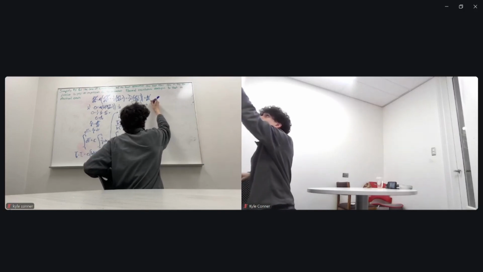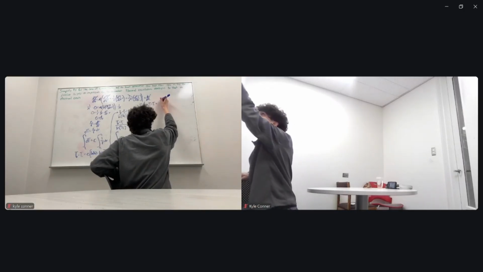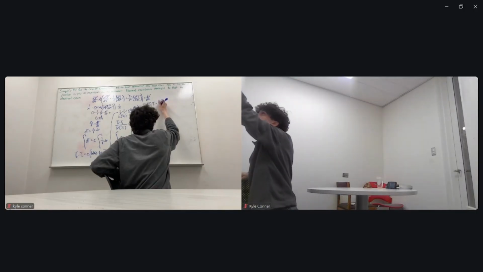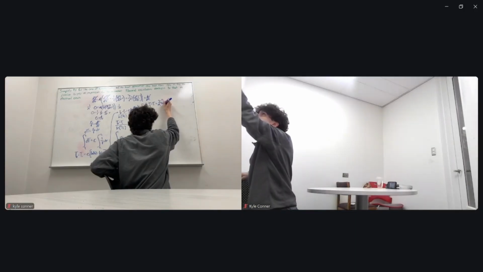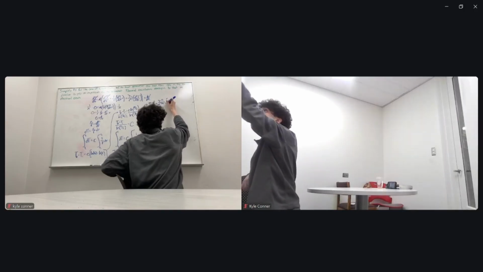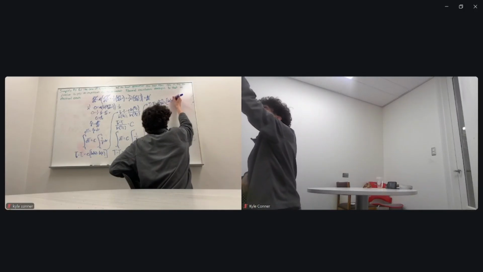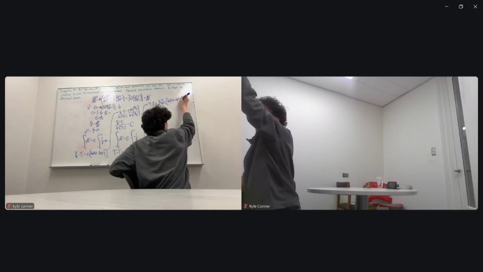And so we'll have our temperature initial equal to our C value, which is T final minus T initial over natural log of radial final over radial initial, and then times natural log of the radius initial.